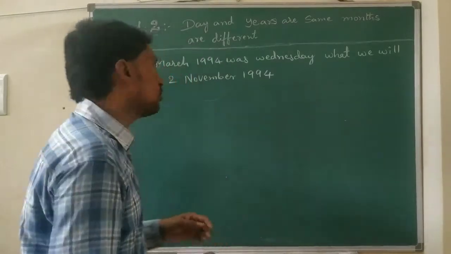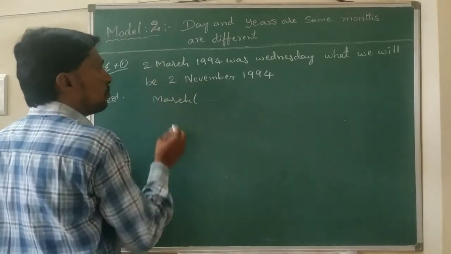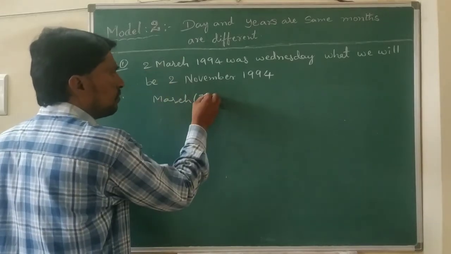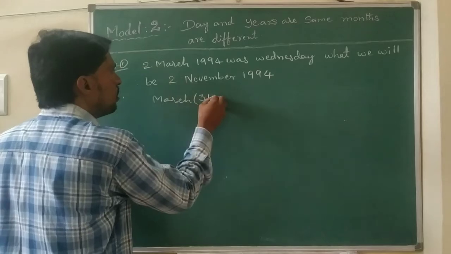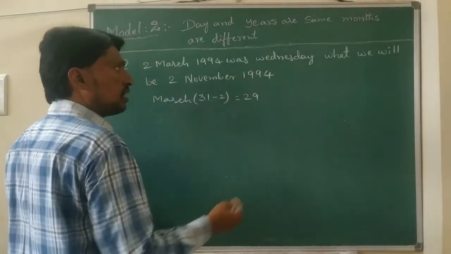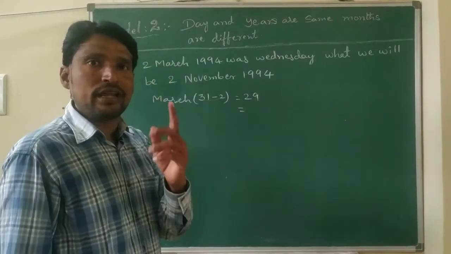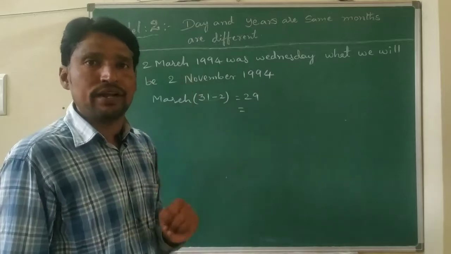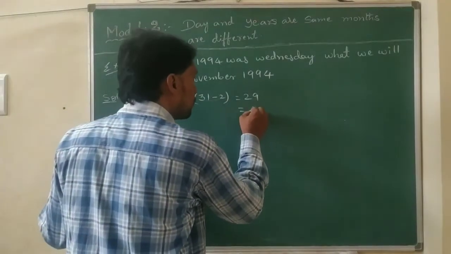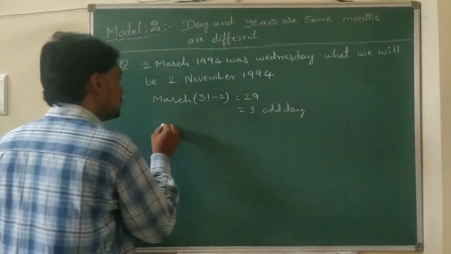March has 31 days. 2 days are already completed, so we get only 29 days. In that, 7 fours are 28, which is 4 complete weeks plus 1 odd day. So 1 odd day.